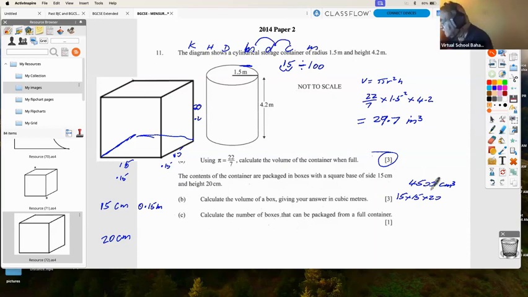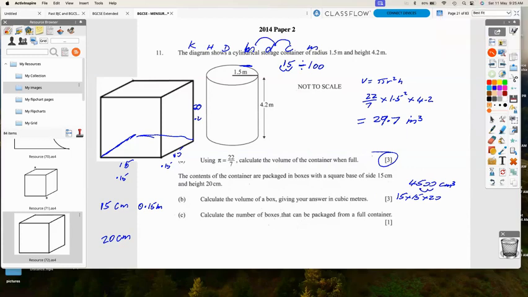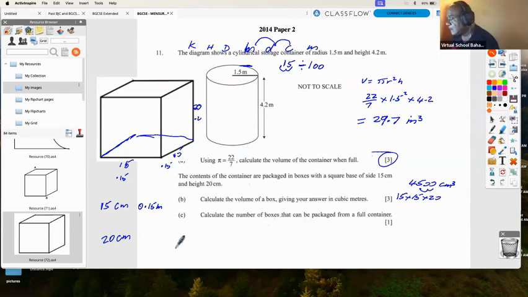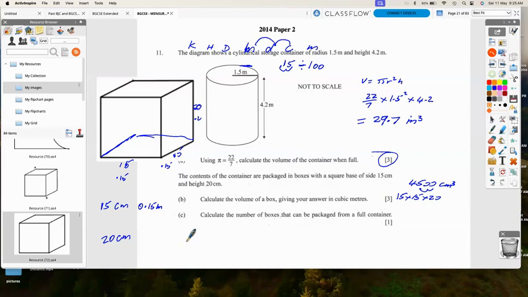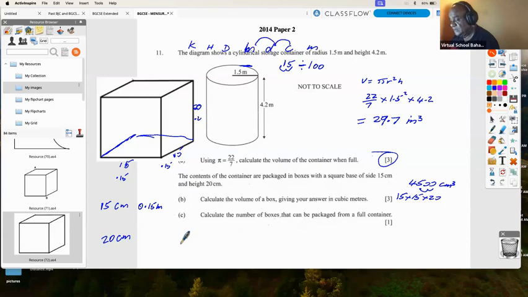If you carry the decimal twice, that would be wrong. Let me see. Multiplying what you said, multiplying 0.15 and 0.15 and 0.2, I get 4.5.